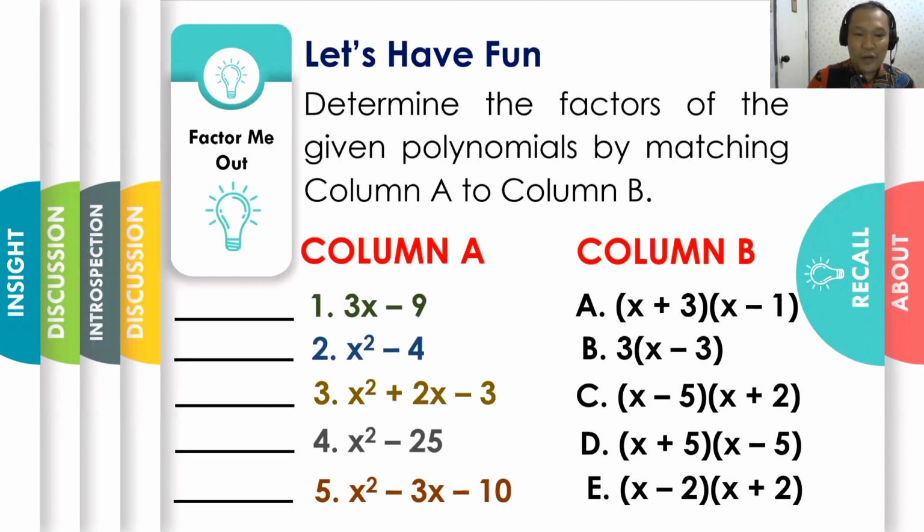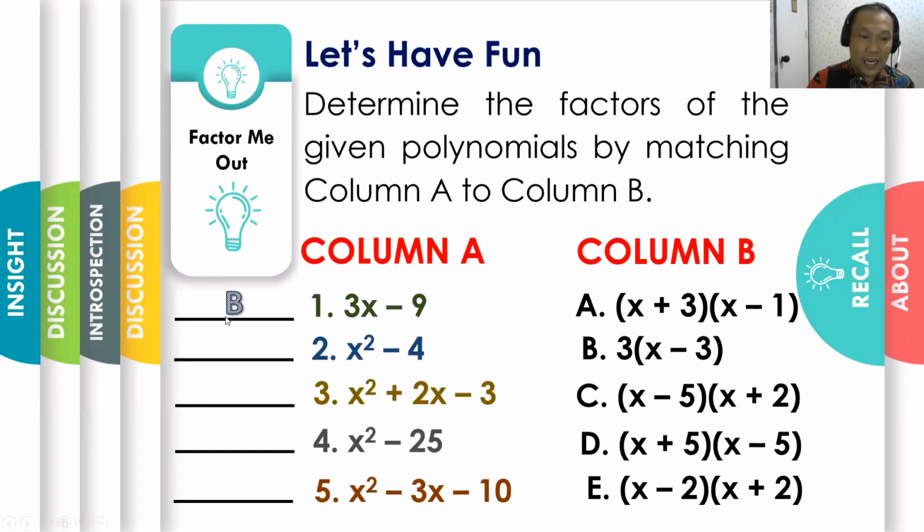Okay, now we go with the given exercise. Now we are going to match column A to column B. Now for number 1, what are the factors? Okay, the factors are 3 and x minus 3.